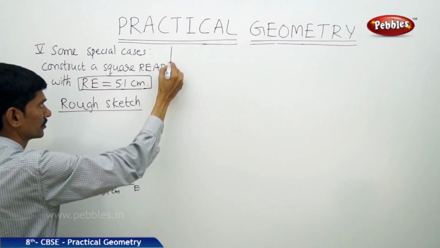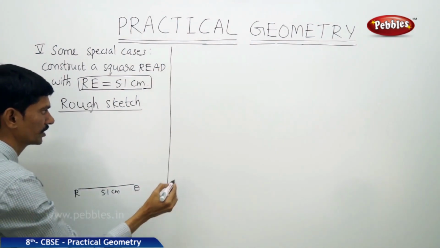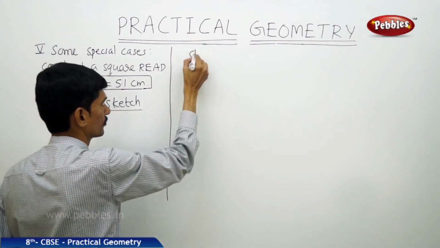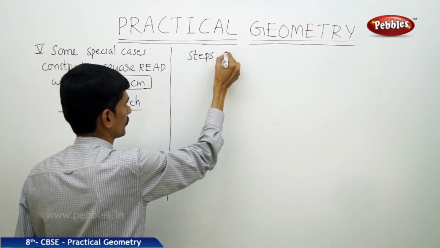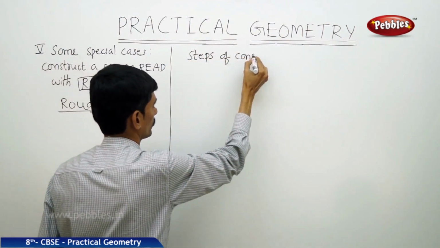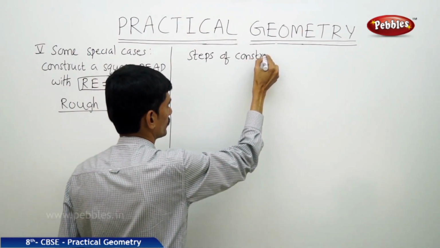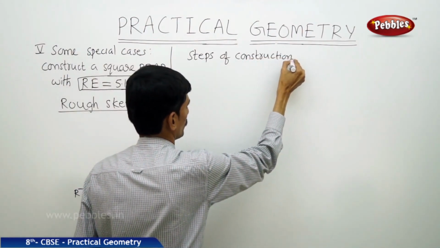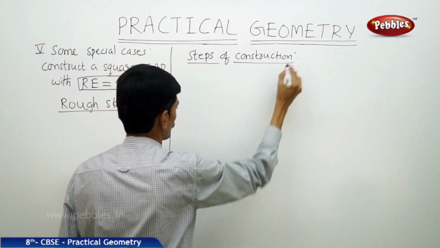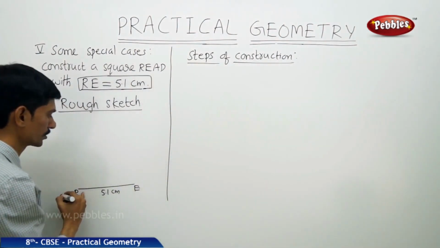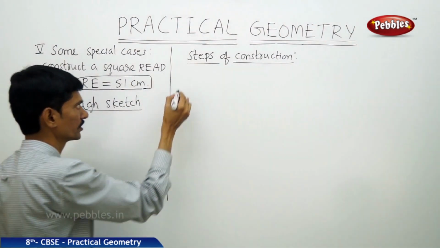So let us write the steps of construction immediately. So first draw a line segment RE equals to 5.1 centimeters.